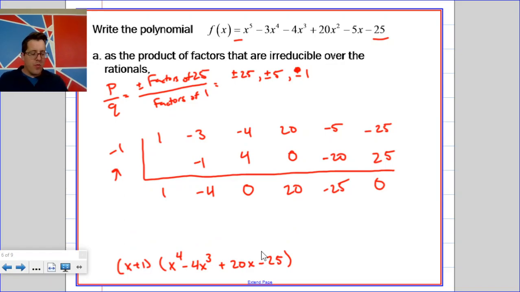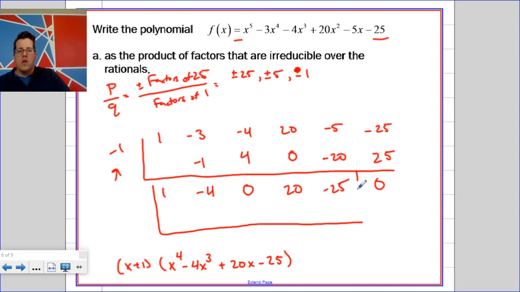Now the place where you go from here is to continue on and do synthetic division with these numbers. So these new coefficients can go straight into some new synthetic division. We don't need to use the 0, though, because remember that was just a remainder.